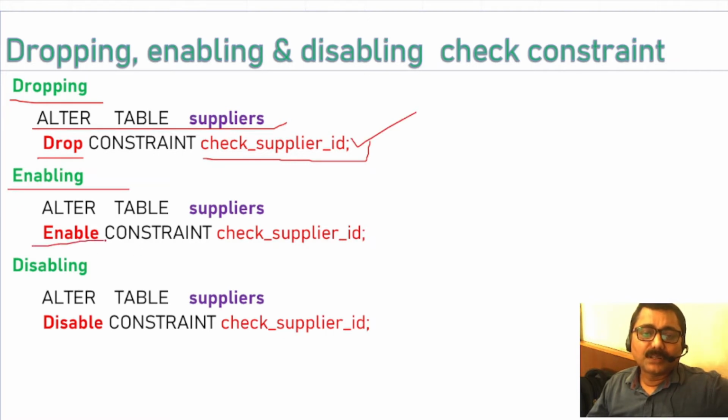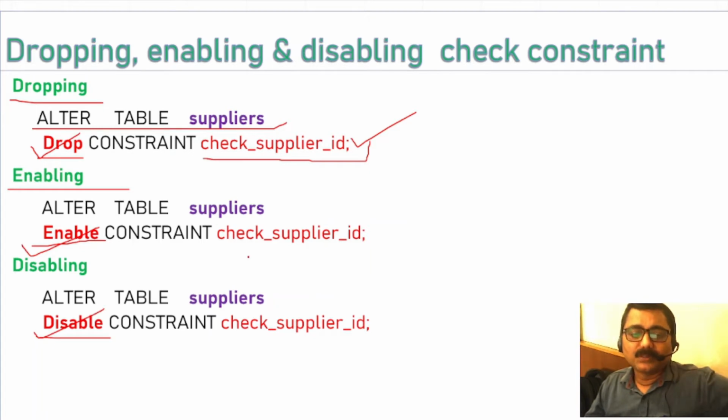Only you need to add enable, and to disable, you use disable. What is the difference? For dropping, you use the drop keyword. For enabling, you use enable. For disabling, you use the disable keyword, right? So that's how these actions can be done on check constraints.